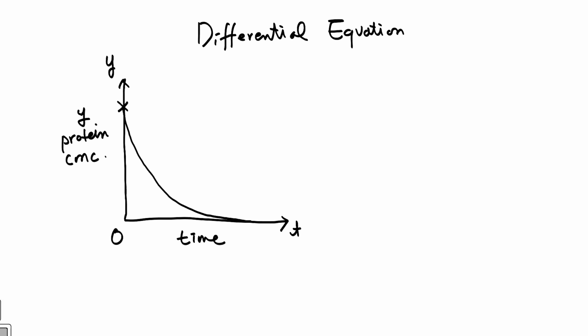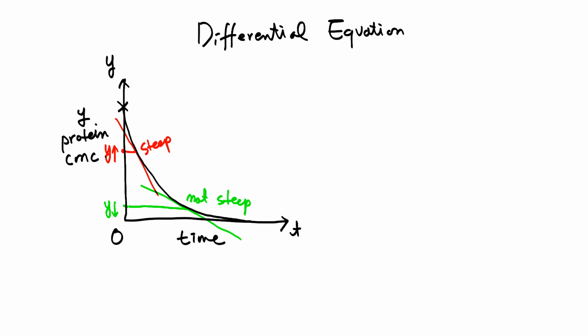One thing we notice is that when the Y value is high, our slope is very steep. And if Y is not so high, for example here, then our slope is not so steep. This is something we observe, right? And the question is, how can we model this using a continuous time equation this time?